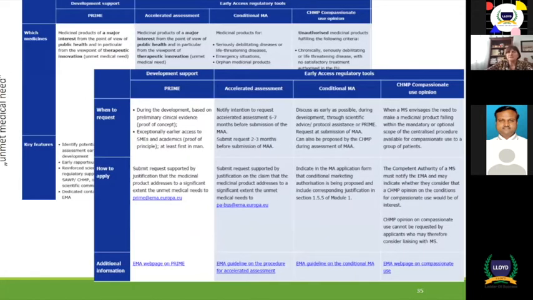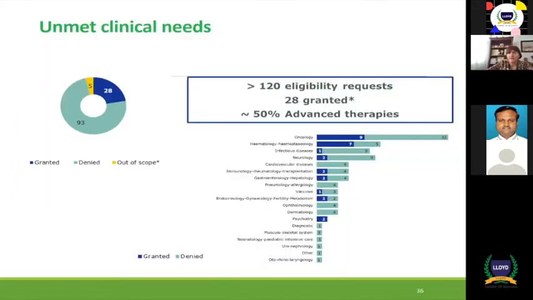And this is the list, this is the evaluation. We don't detail which medicines, what are the key features, or when you can request this kind of PRIME. So this is a fast track if you really have a research which is very, very urgent and meets unmet clinical needs.